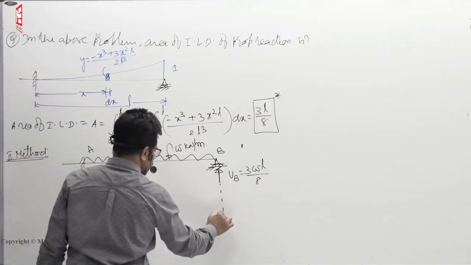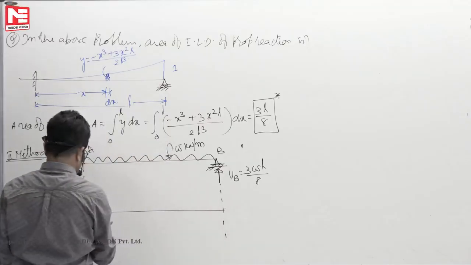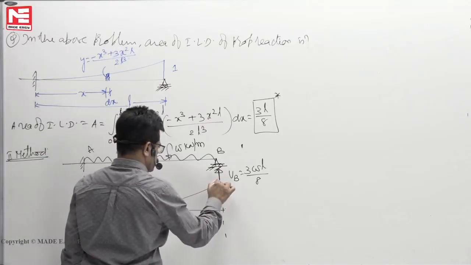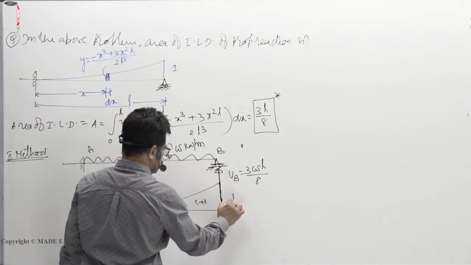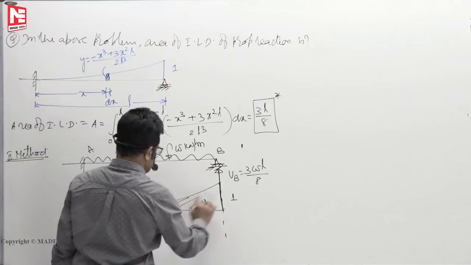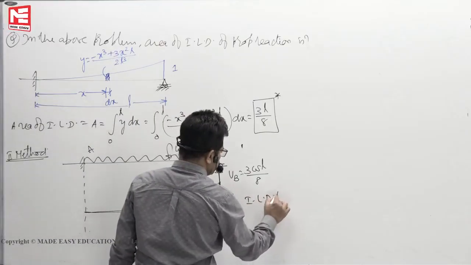Now the influence line diagram is like this. This ordinate is 1. Now this area we want to find. This is the ILD for VB.